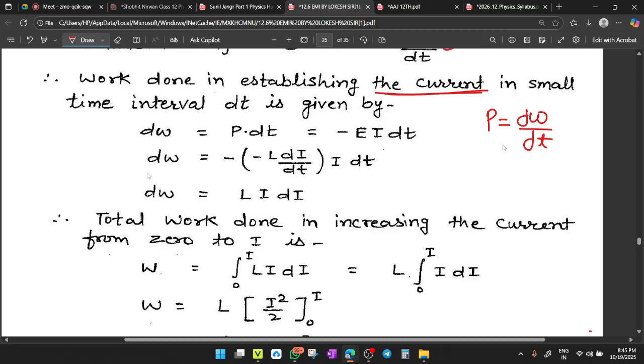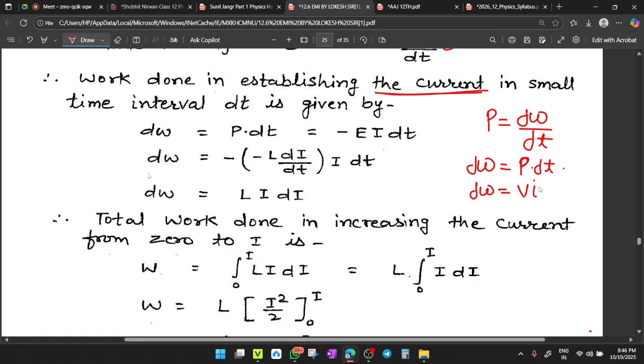So here dW is equal to power into dt. Now, power is equal to voltage into current.